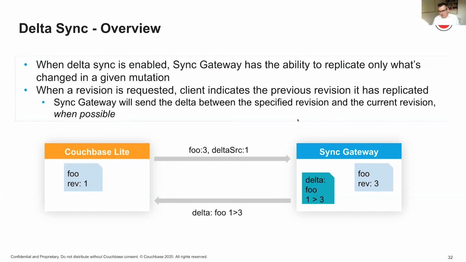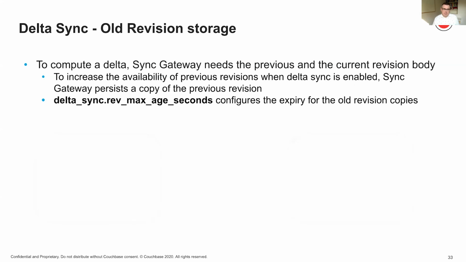So I think the interesting bit here is probably back a step where Sync Gateway is computing the delta. Obviously, if Sync Gateway is going to compute that delta, it needs to have a copy of that revision 1 available to it in order to compute the delta. And so that leads to the main consideration when thinking about how to tune Delta Sync, which is old revision storage.